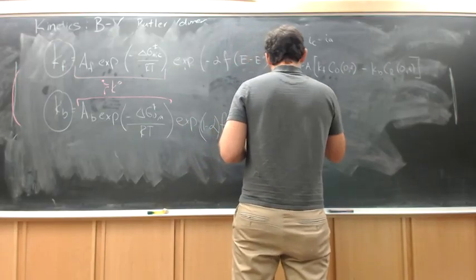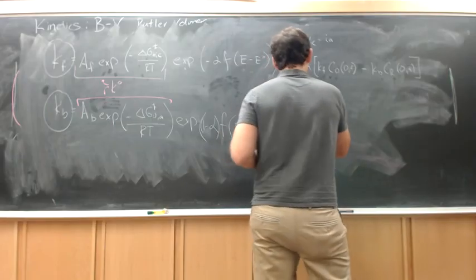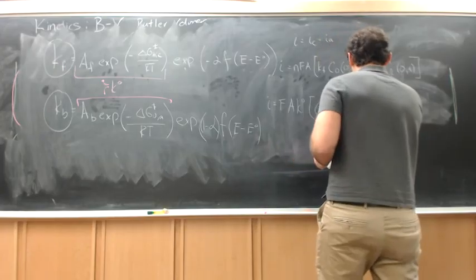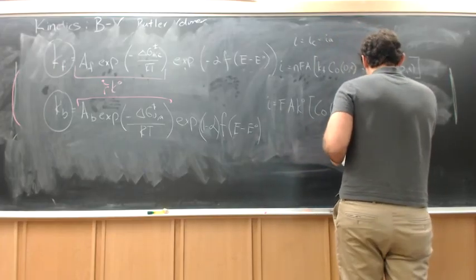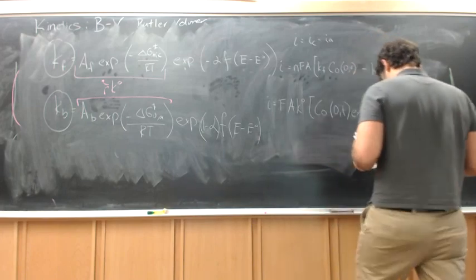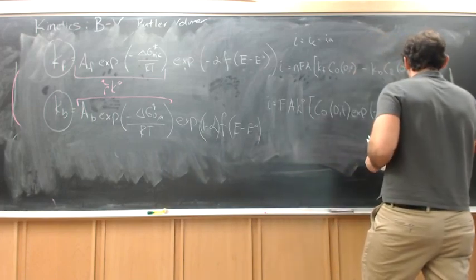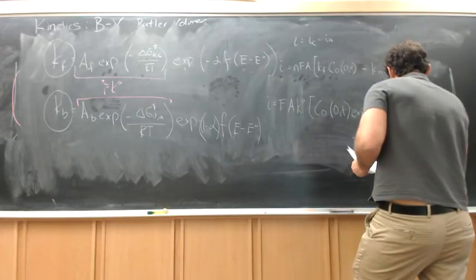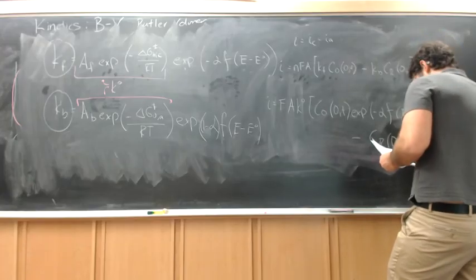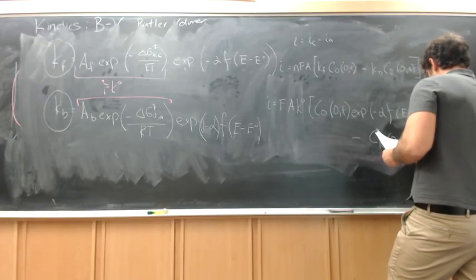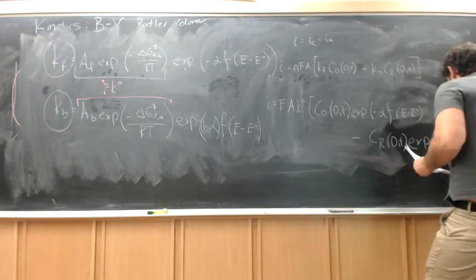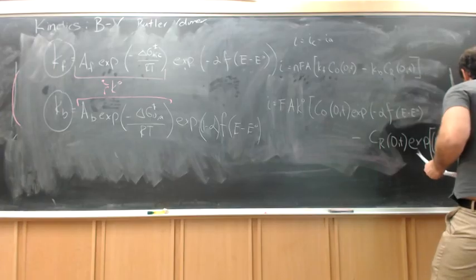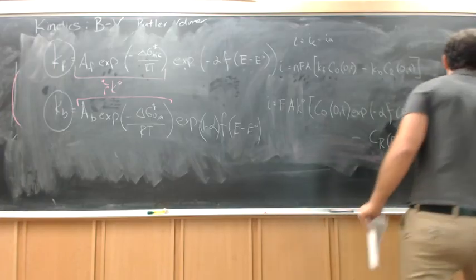I equals FA K naught times C_O(0,t) exp of negative alpha F, E minus E naught, minus C_R(0,t) exp of 1 minus alpha, F, E minus E naught. Just another parentheses there.